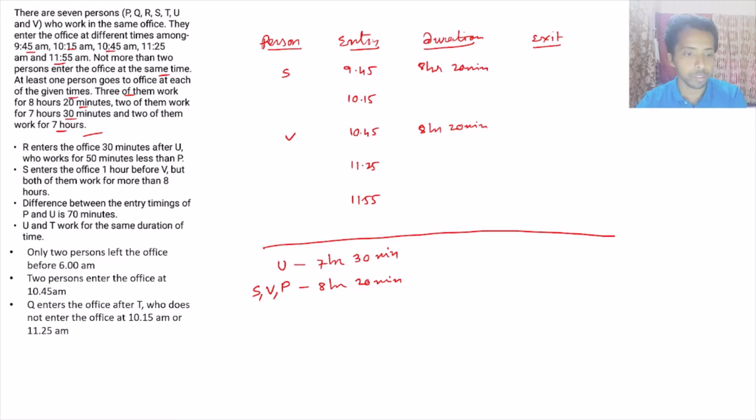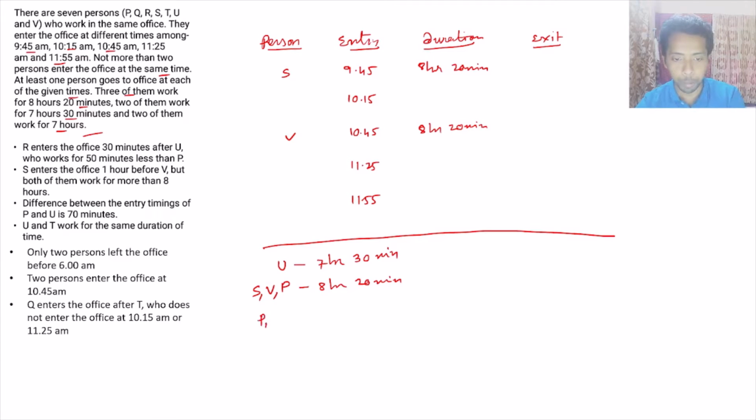Right. The difference between the entry timings of P and U is 70 minutes. Now 9:45 and 10:45, 10:55 should be there. Then we can say that the difference between entry times is 70 minutes. So 10:15 and 11:25 serves the purpose, since 10:15 plus 1 hour 10 minutes means 11:25. So it satisfies.